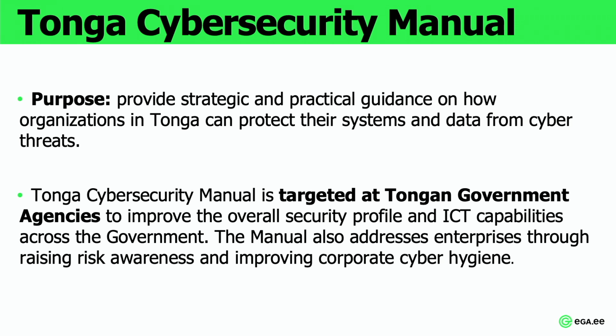The purpose is to provide strategic and practical guidance on how organizations in Tonga can protect their systems and data from cyber threats. And this manual, as I said, is really targeted at Tonga government agencies. However, if private sector companies are interested, it's universal, so it can be used also, and it's available on the website of the Tongan government.